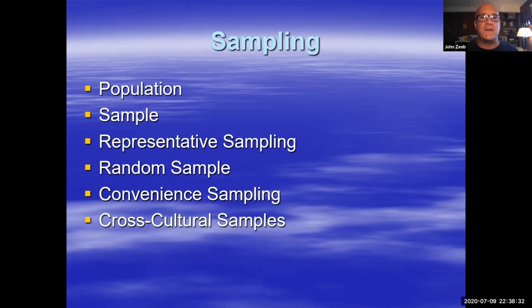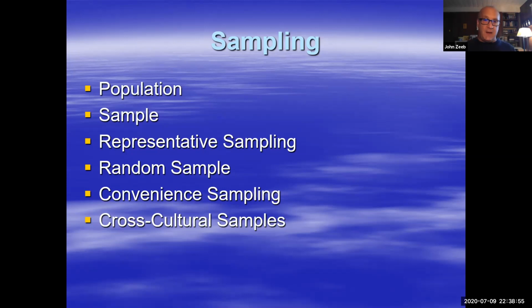All right, the last one we're going to talk about is cross-cultural samples or cross-cultural sampling. Once again, very self-explanatory here. Let's say that we're studying a particular psychological disorder like bipolar or depression or something like that. And we want to know, are there cultural influences on that particular disorder?